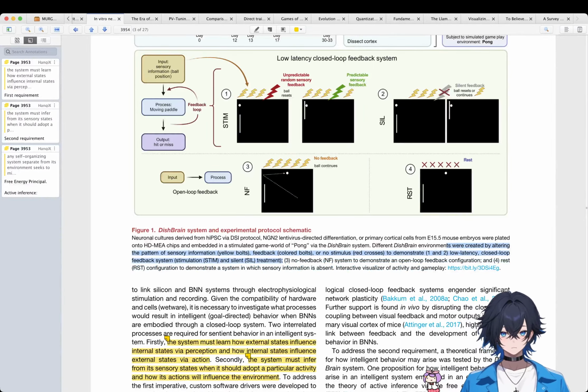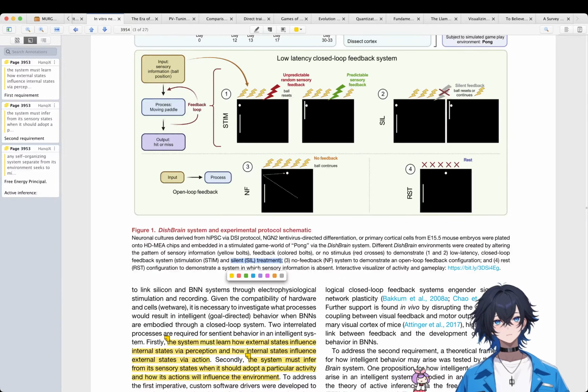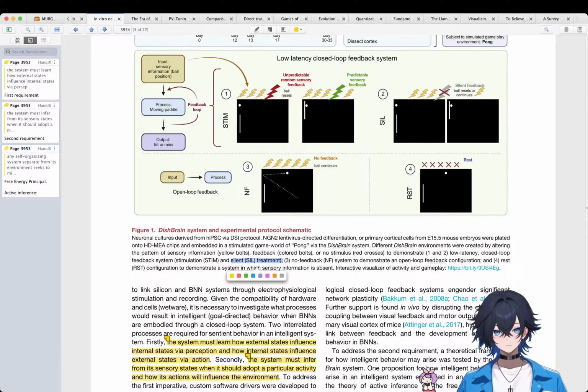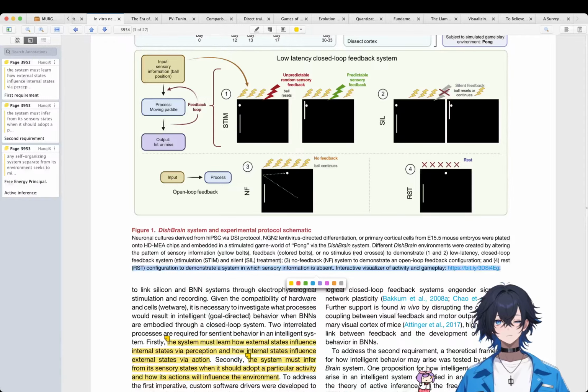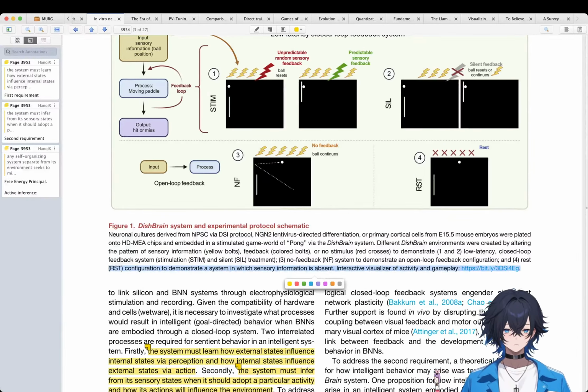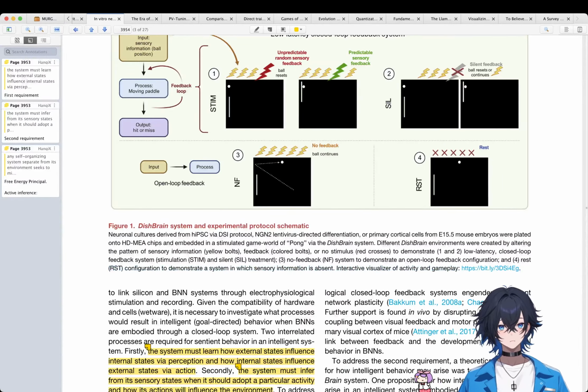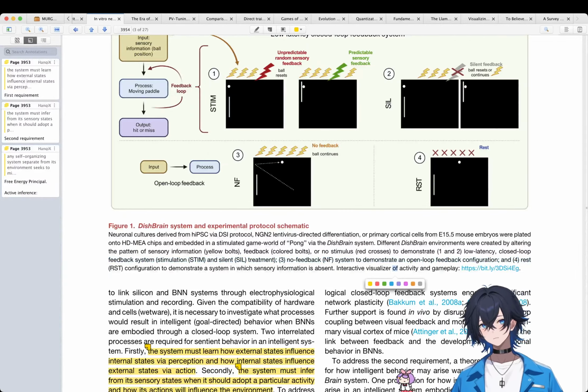Low latency closed loop feedback system, okay. I guess this is still closed loop, the second one's still closed loop, because you do get some feedback, it's just not, like, colored feedback, I suppose. No feedback system. Demonstrate an open loop feedback configuration. Okay, but what kind of feedback are you even getting?